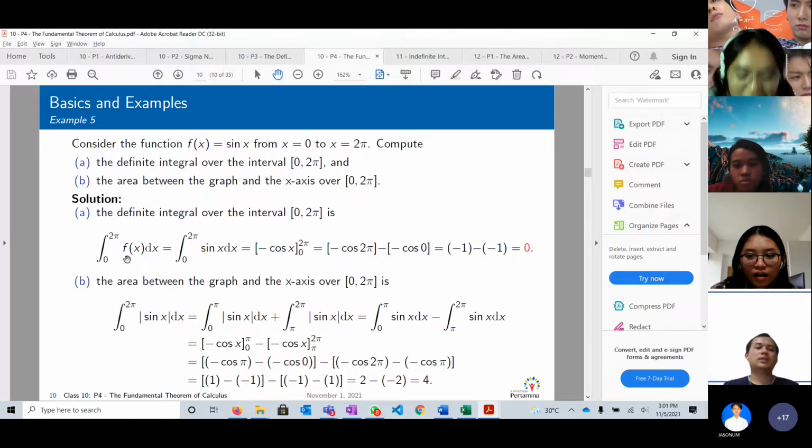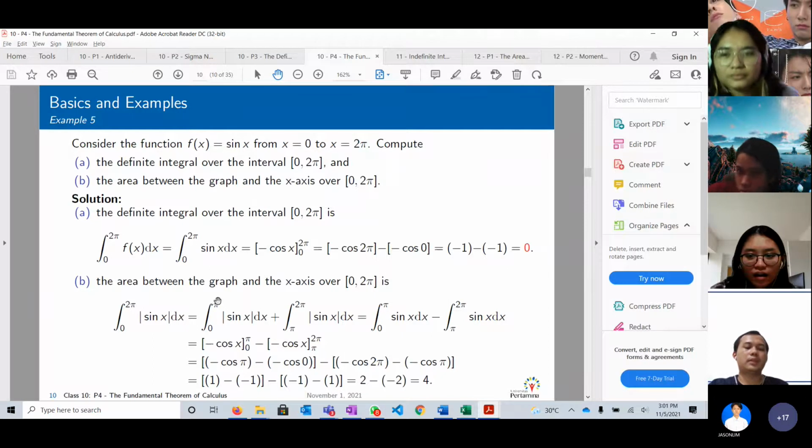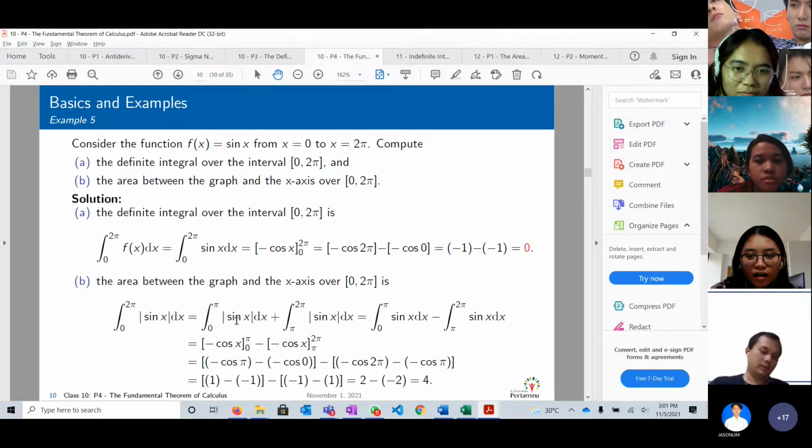But if we are asked to compute the area between the graph, again, we take the absolute value, for which in this case we need to split the intervals. Why? Because from 0 to pi, the value of sine of x is positive, and from pi to 2 pi, the value of sine of x is negative.